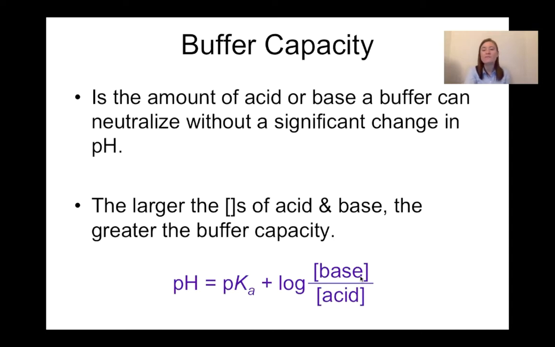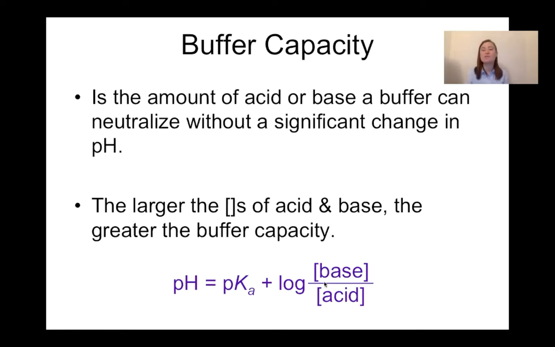We can also explain that based on the Henderson-Hasselbalch equation, right? So the pH is going to equal pKa, which is constant, plus log times the concentration of base over concentration of acid. The larger your starting concentrations of acid or base, the more that this ratio is going to stay roughly constant.